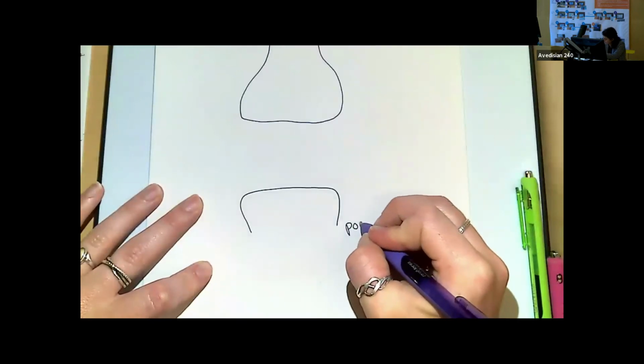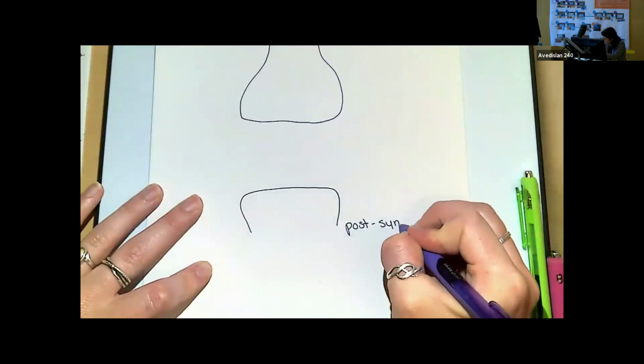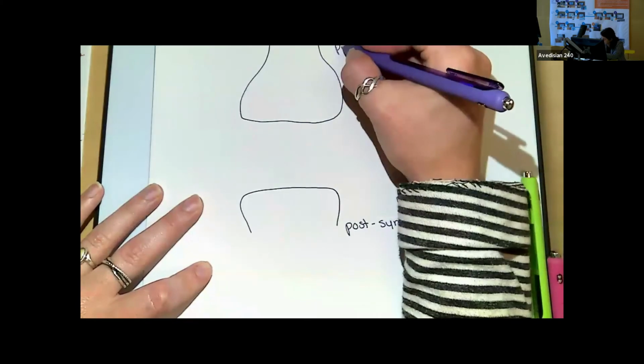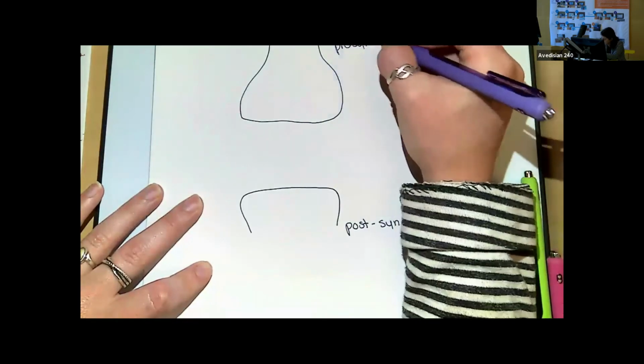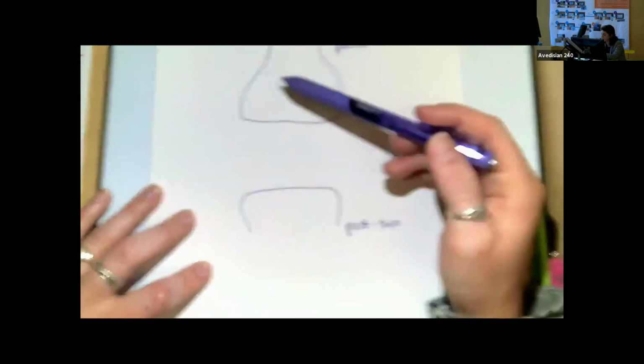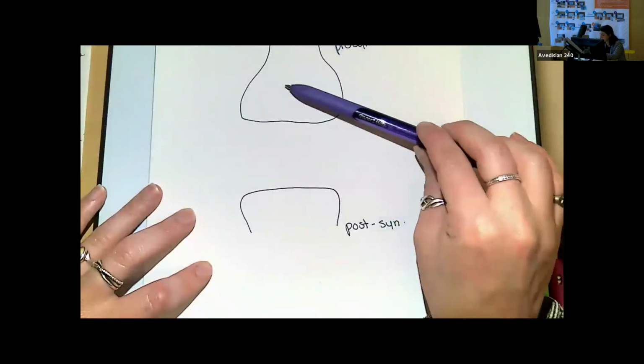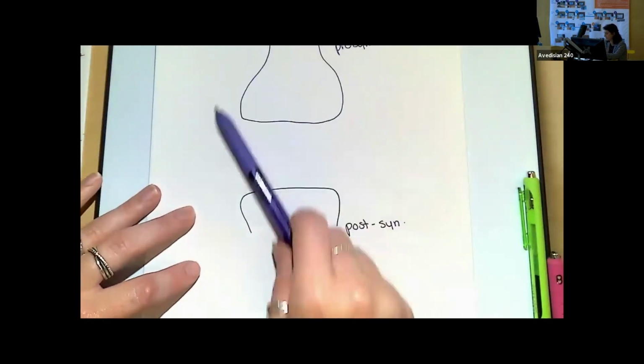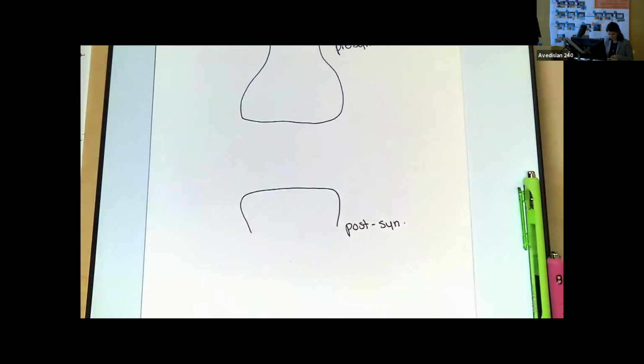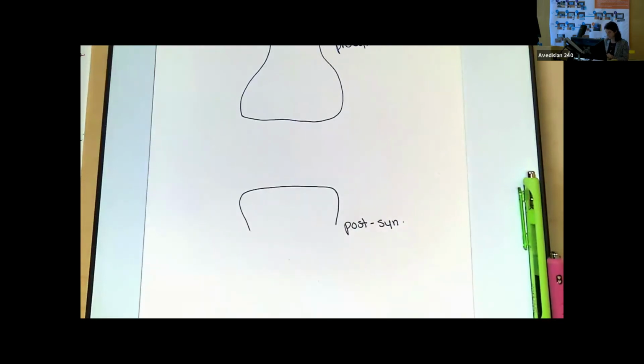So again, this is going to be our postsynaptic neuron, and this is going to be our presynaptic neuron. Typically, we would see the vesicles that held the neurotransmitters in the presynaptic neuron go to the postsynaptic neuron and cause an action potential. That's not what we're going to focus on here.